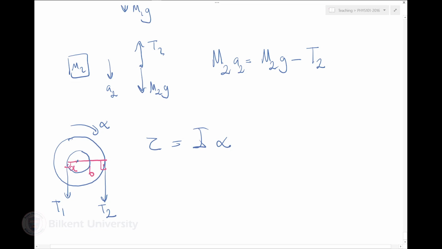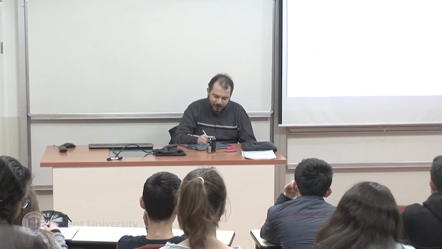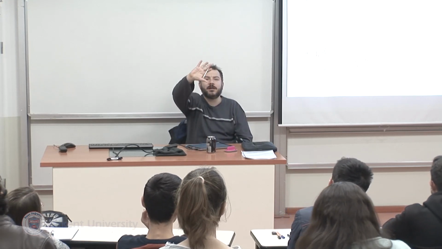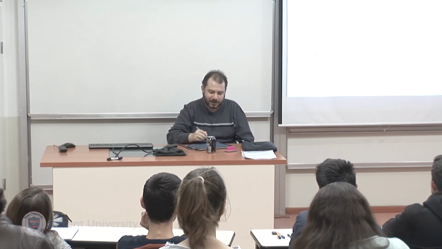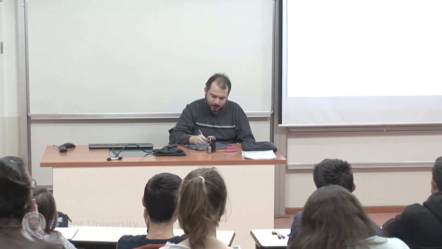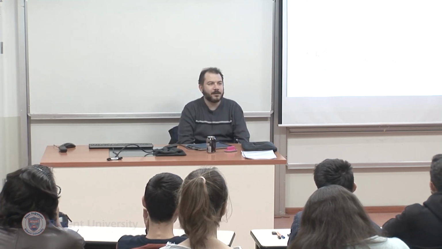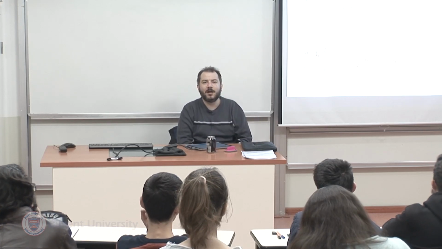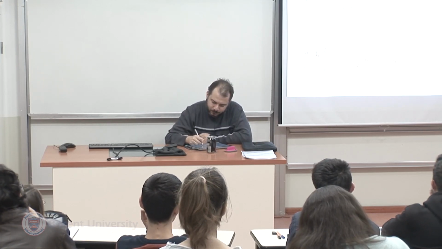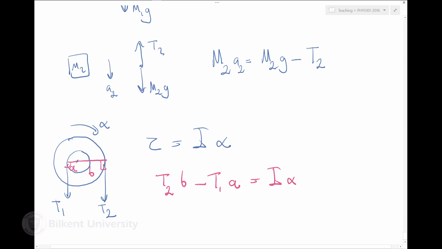Which force is trying to rotate the wheel clockwise? Is it T1 or T2? T2, which means its torque must be positive. So T2 times B is the torque that's trying to rotate my pulley clockwise, minus T1 times A, which is trying to rotate it counterclockwise. That must equal I times alpha.